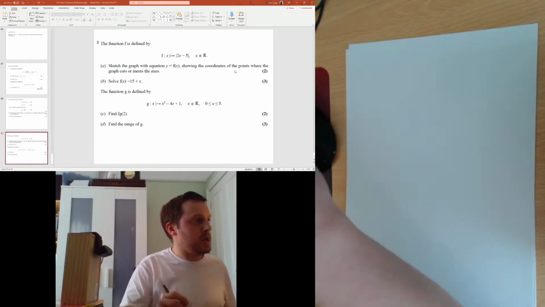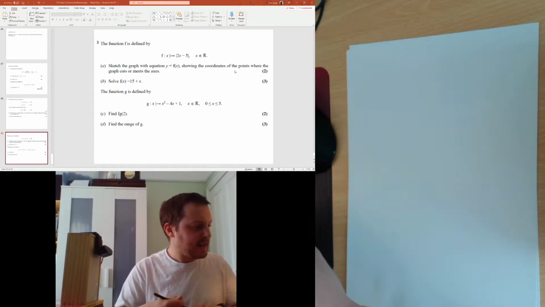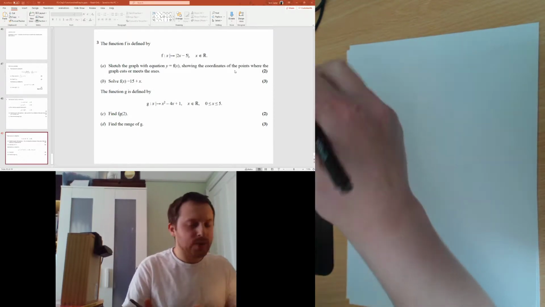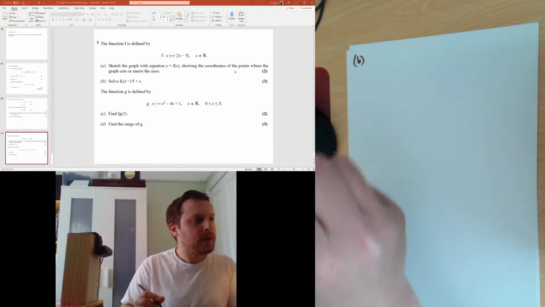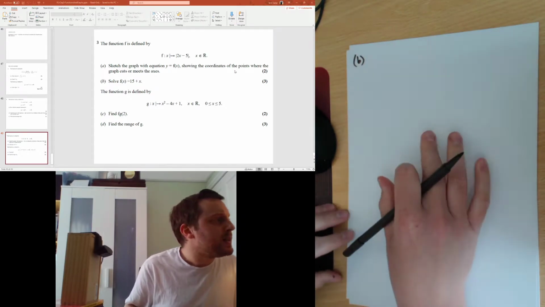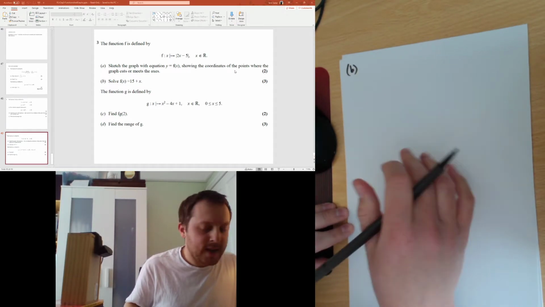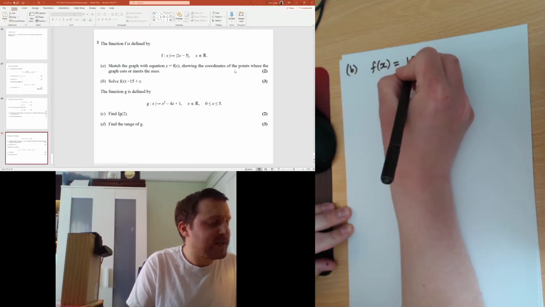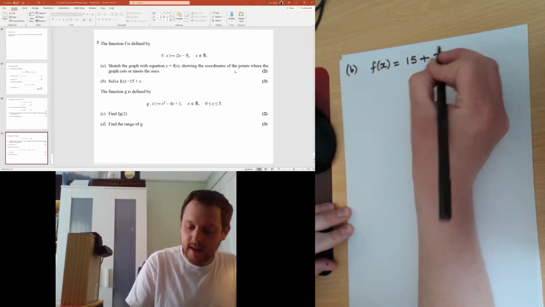Right. B. I might need to bring my answer to A back. We'll see. Right. Part B anyway. So I need to solve f of x equals 15 add x.